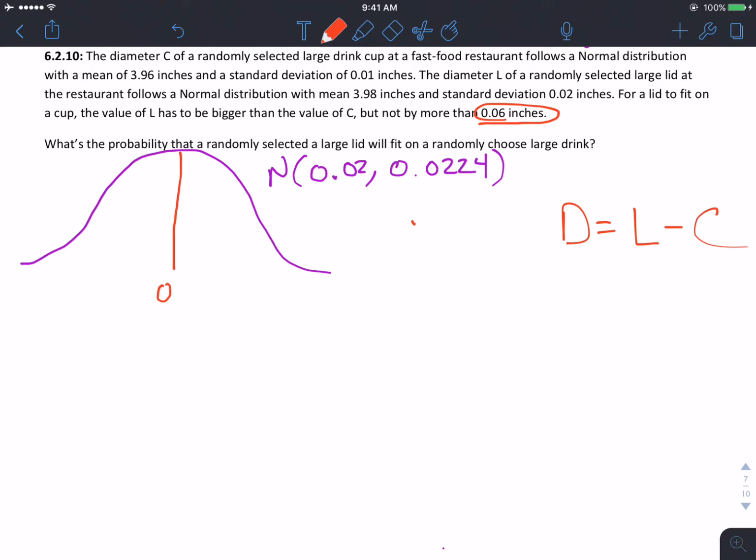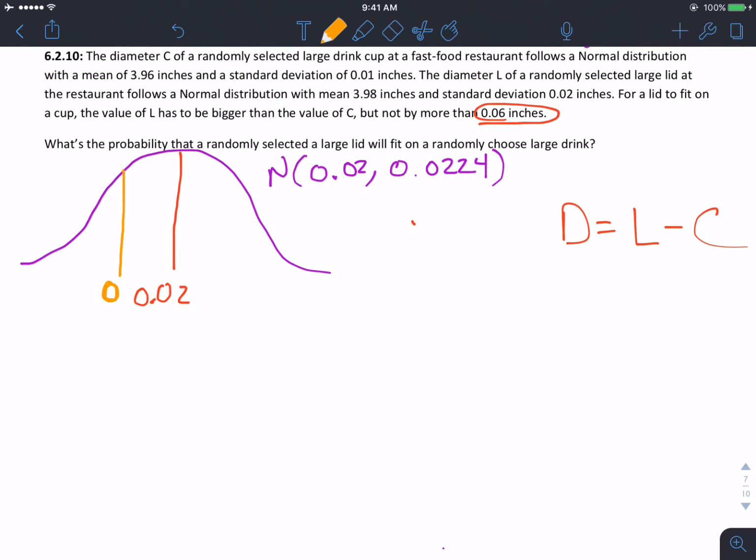I'm going to just drop in my mean there. So that means this lid could go all the way down to just about the same size as the actual cup. So that would be a zero difference because it's very close.